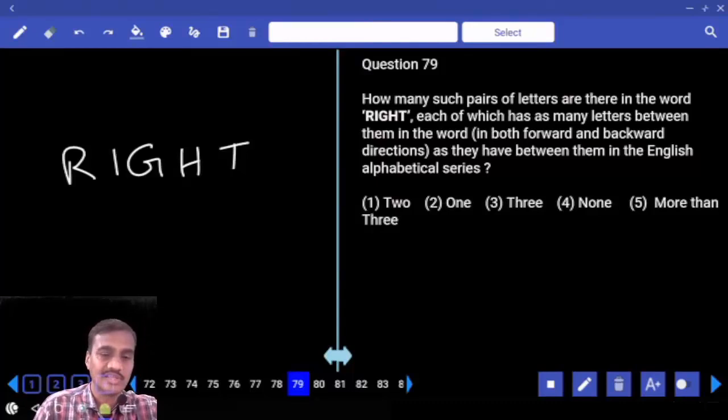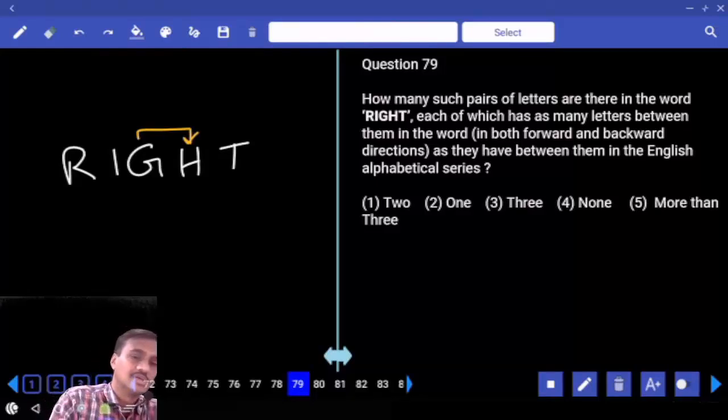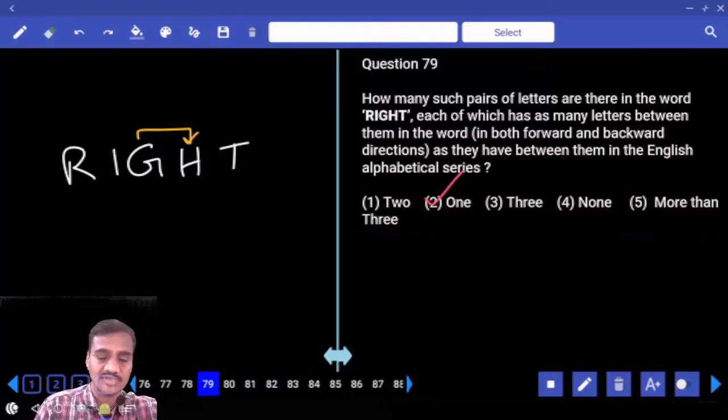Then I, J, K, L, and G and H. G and H are consecutive letters here, and in the English alphabet also, G and H are consecutive. Next, H and T: from right to left, U, V, W, X, no letter is matching. Next, H, I, J, K, and G, H, I. That's it. Hence there is only one such pair, and that is given in choice 2 of question number 79.